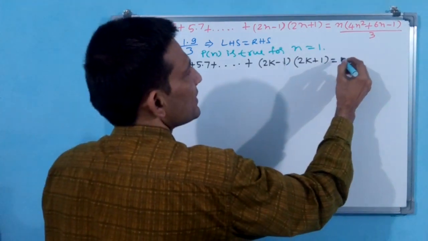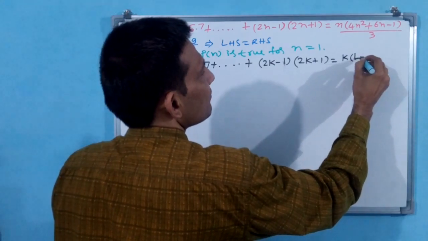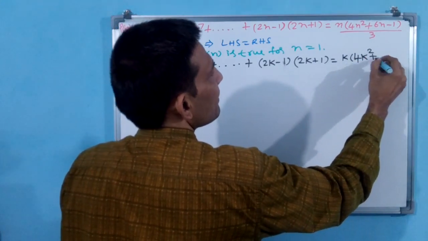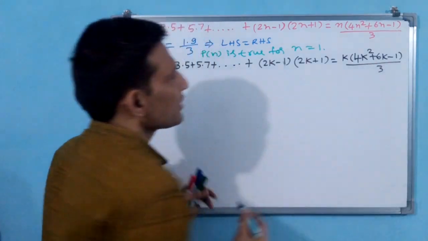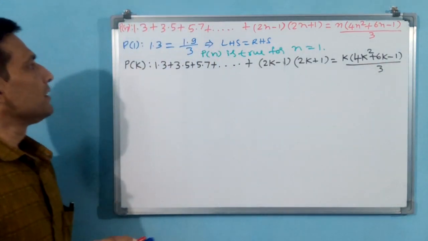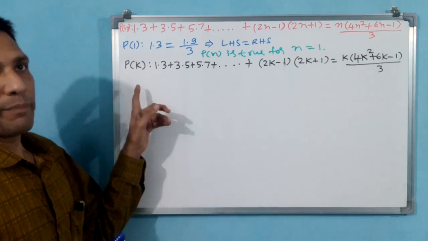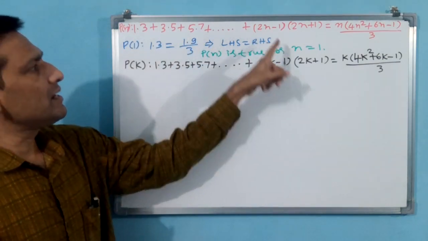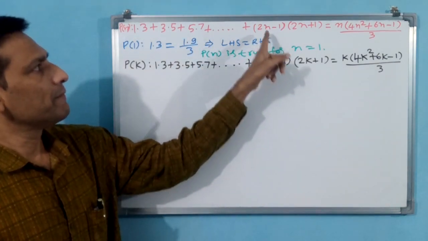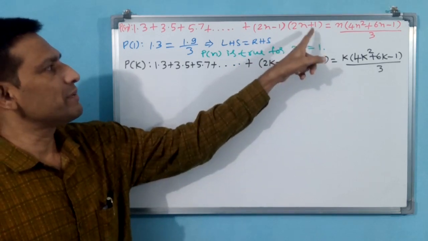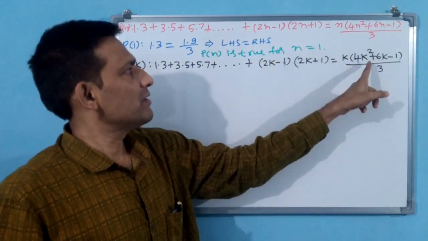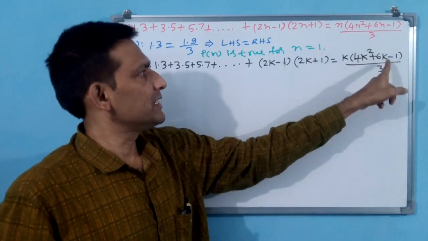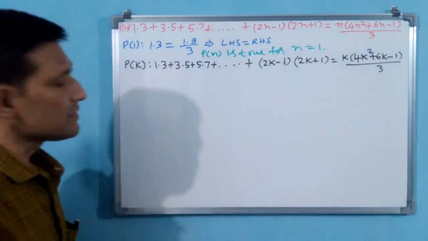That is equal to k into 4k square plus 6k minus 1 whole divided by 3. Is it okay? Now you see what we have done. For pk we have replaced n with k. 2n minus 1, 2k minus 1. 2n plus 1, 2k plus 1. n into 4n square, k into 4k square. 6n, 6k. Okay. This is pk.